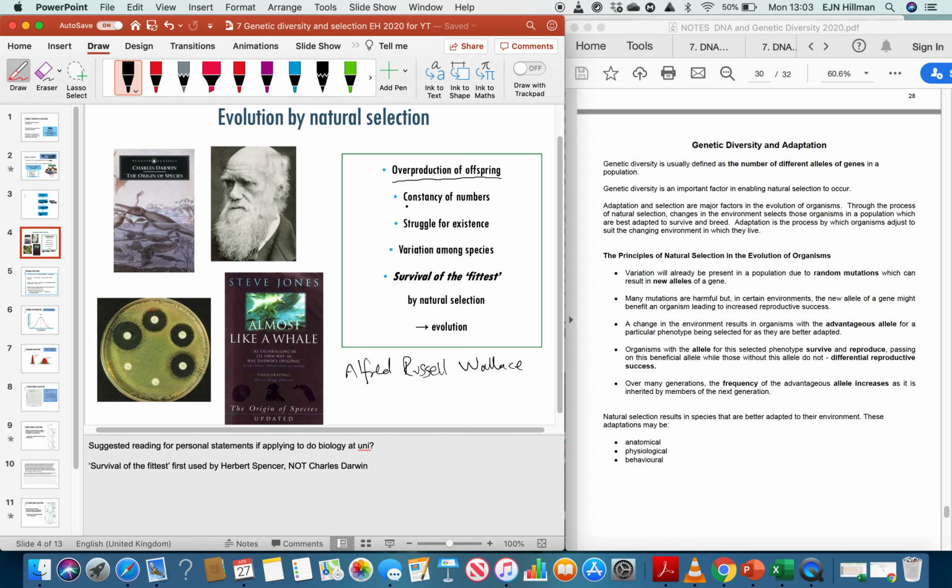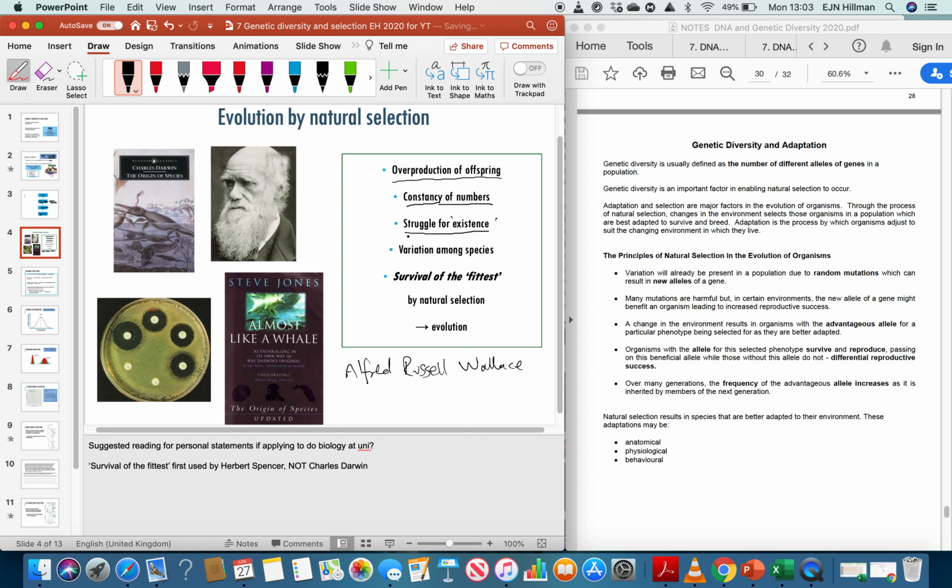However, another observation that Darwin made was that there was this constancy of numbers. So, despite this overproduction of offspring, the actual size of these populations tended to remain roughly stable. And what he gathered from those two observations was that there was a struggle for existence. By existence, we mean essentially survival.